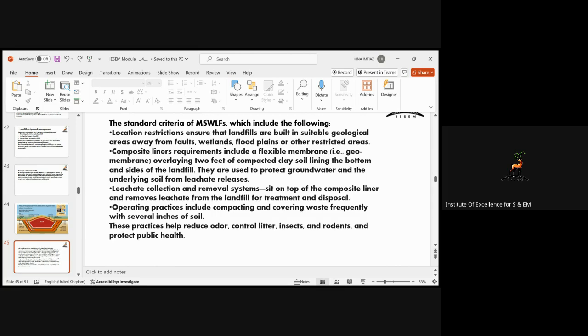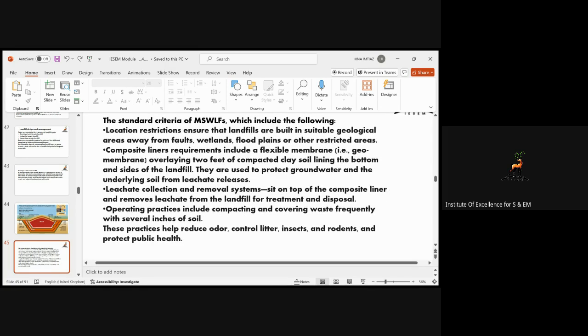Again, there is an overlying 2 feet of compacted clay soil lining the bottom and the sides of the landfill, so 2 feet of distance must be placed between the waste and the soil. They are used to protect the groundwater and the underlying soil from leachate releases. A leachate collection and removal system must be properly installed, and operating practices include compacting and covering waste frequently with several inches of soil.